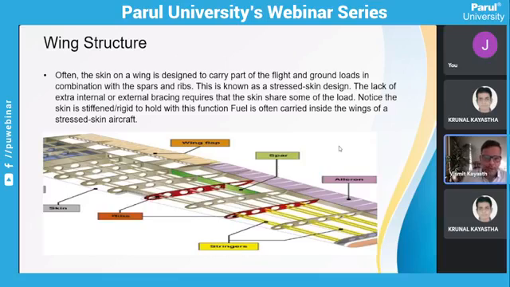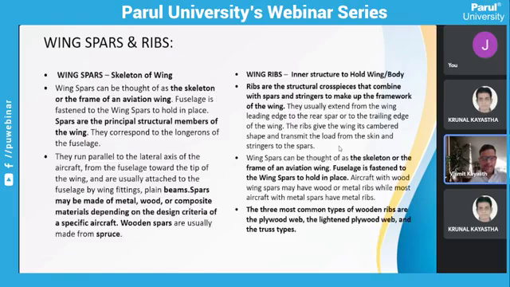I hope you are able to see that the green part over there, which is mentioned as a spar, is the horizontal part, which is giving horizontal balance over the whole length of the wing from the fuselage to the other open end. Okay, and it runs parallel to the lateral axis of the aircraft from the fuselage towards the tip.